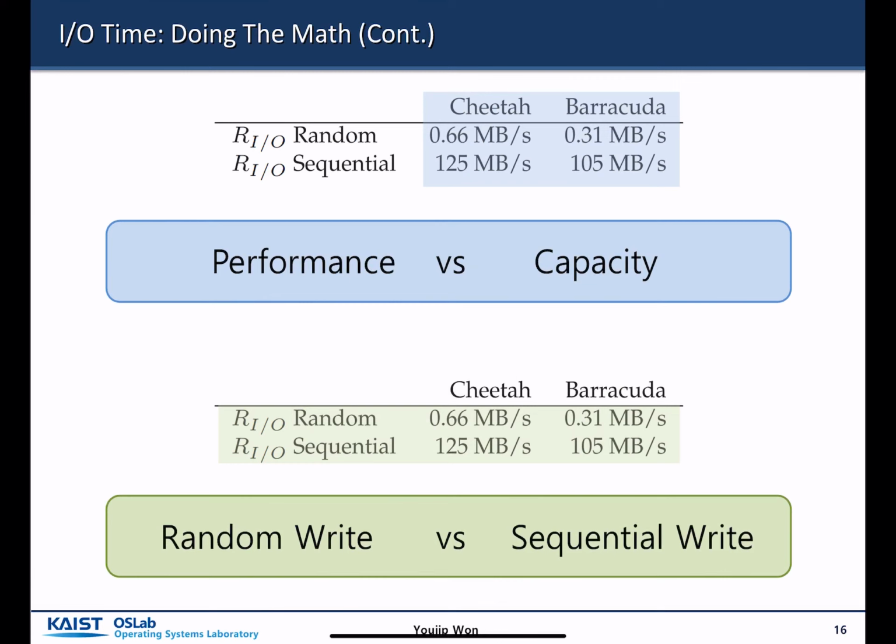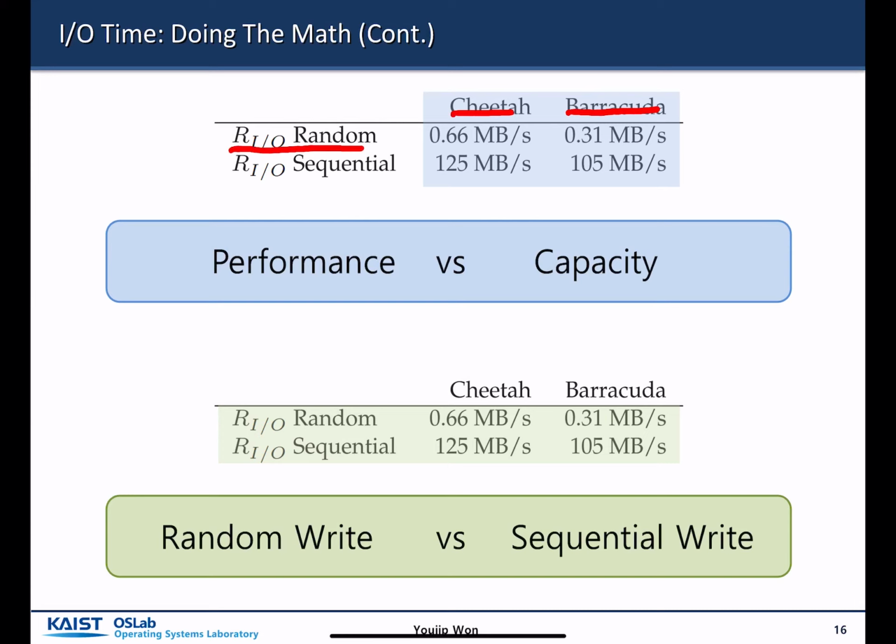So let's summarize. For Cheetah and Barracuda, random I/O performance is nearly doubled in Cheetah. For 4 kilobyte random I/O, Cheetah yields 0.66 megabytes per second, and Barracuda yields 0.3 megabytes per second.